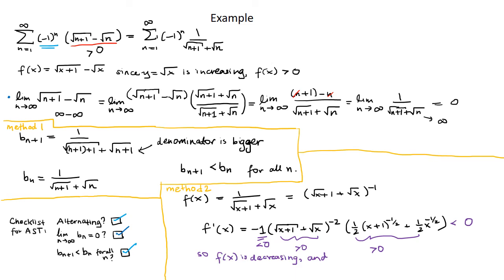And so bn, which is f of n, is going to be greater than bn plus 1, which is f of n plus 1. Great! Therefore, since we've set aside these three conditions, we can say this series converges by the alternating series test.